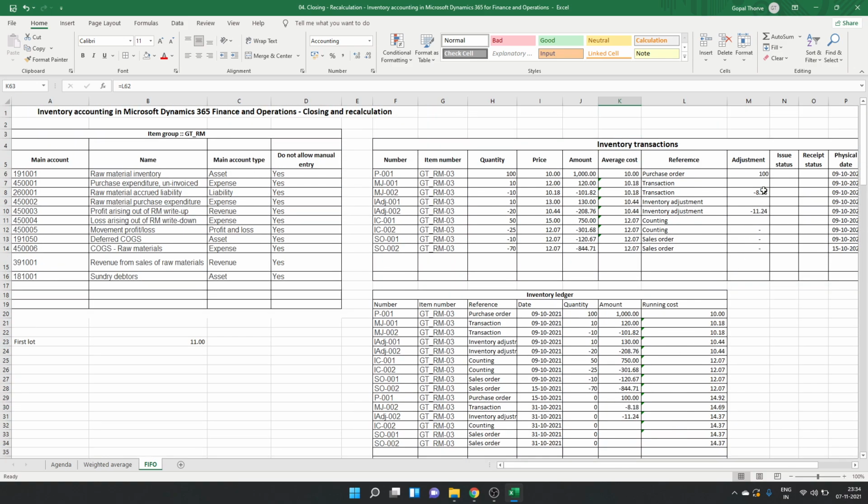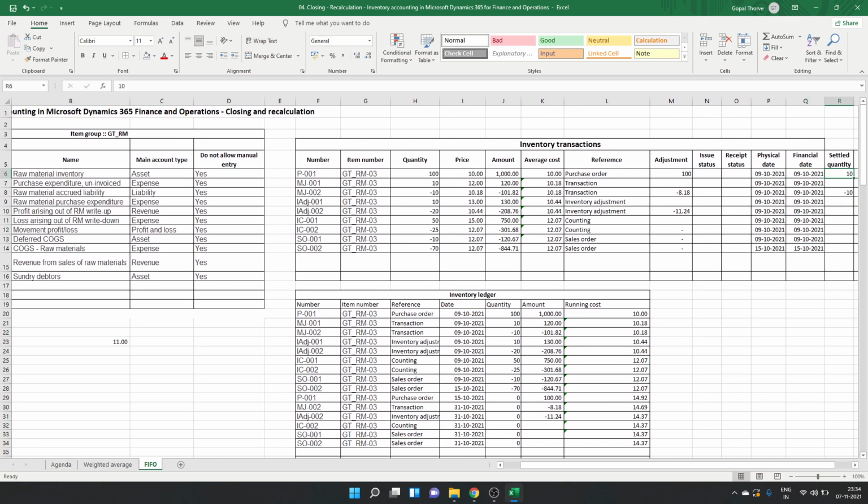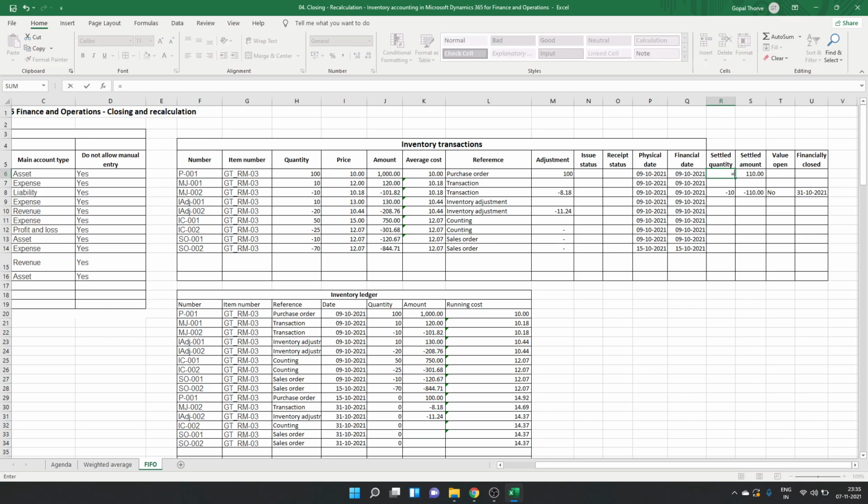Okay, so now the settlement is for first transaction equal to ABS. Okay, so this is settled, plus this also settled. This is the settlement right now. This 20 quantity are settled.